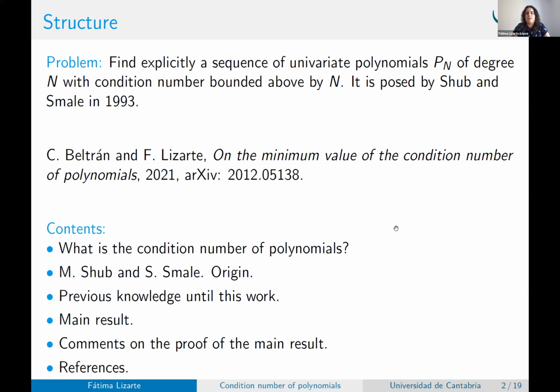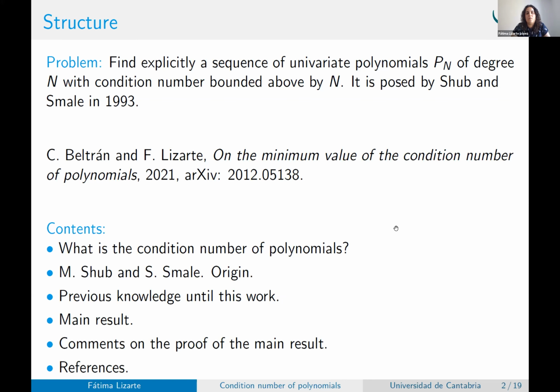The talk is organized as follows. First, we explain the definition of the condition number of polynomials. Secondly, we state the origin of our problem, its relation to other interesting mathematical problems, and previous knowledge until this work. Next, we give the main result and comments on its proof.